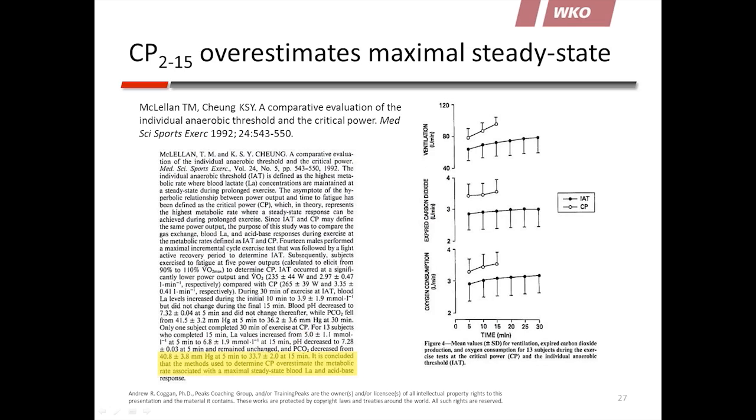Now, when it comes down to which of these is actually telling you the truth, I keep talking about a quasi-steady state, a steady state in terms of exercise metabolism. Originally, it was believed that the critical power model would give you an estimate of maximal steady state.